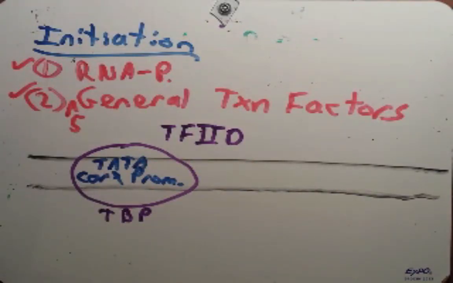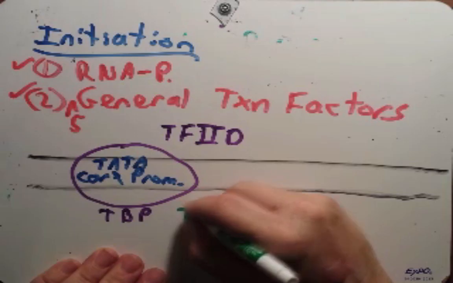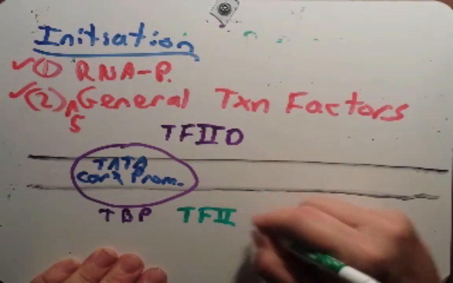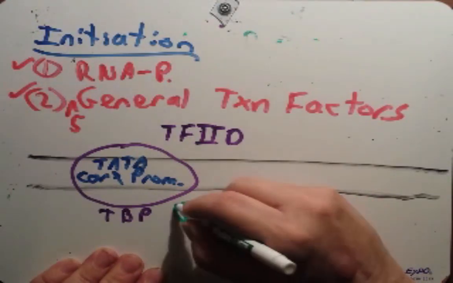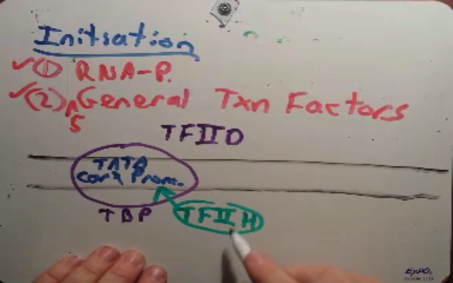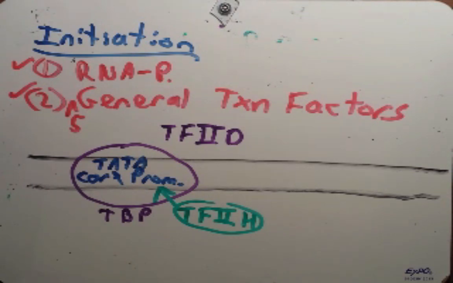Now there are other transcription factors that will now bind here as well. I want you to know two others. One is transcription factor 2H. It will also bind here. This one's important because it contains a helicase, and this helicase, just as we saw helicase is important in replication, will open up that DNA to allow for transcription.